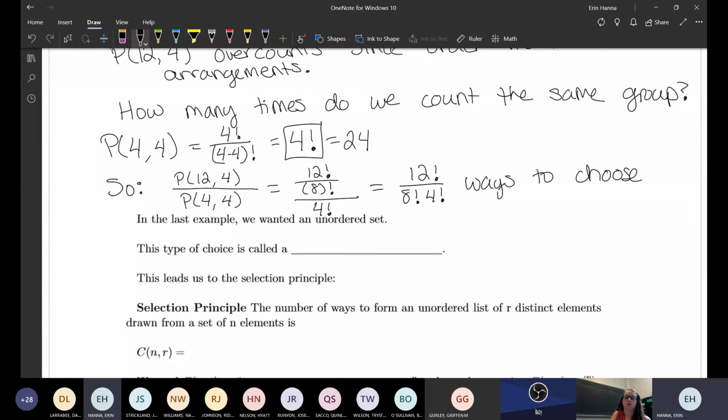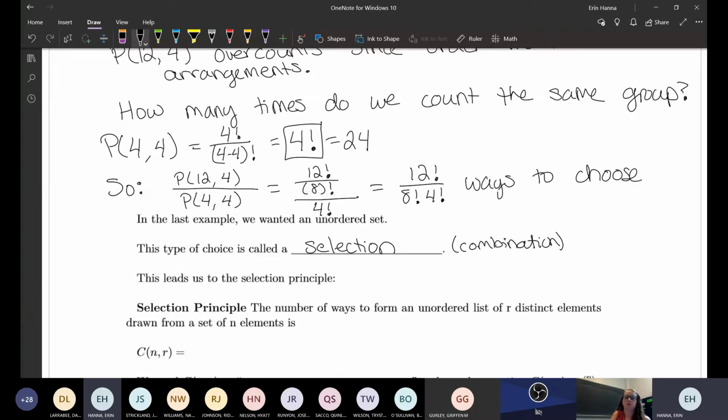So again, what we were just looking at was something that was unordered. We didn't care about the order that we chose the people. So this type of choice is called a selection. You might hear me say combination. It's similar to the nuance between permutation and arrangement again.